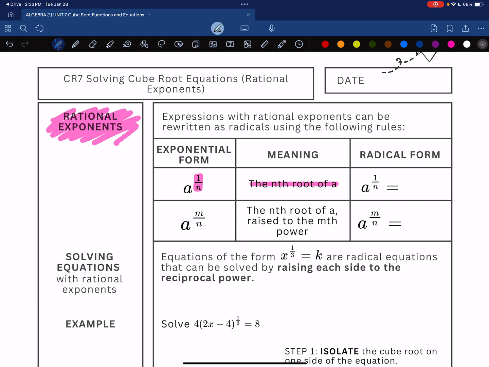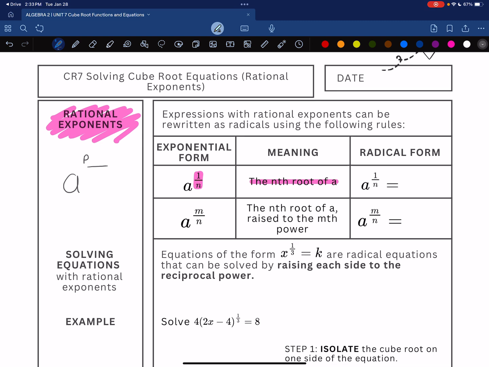I always like to emphasize this with my students. When you're looking at your rational exponent, the number on top is the power, and the number in the bottom is the root that you're taking.